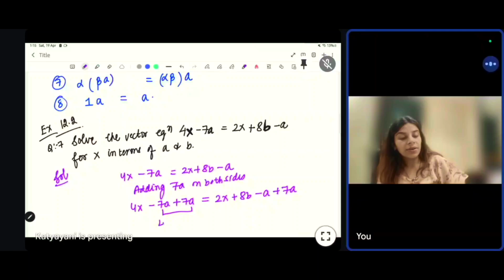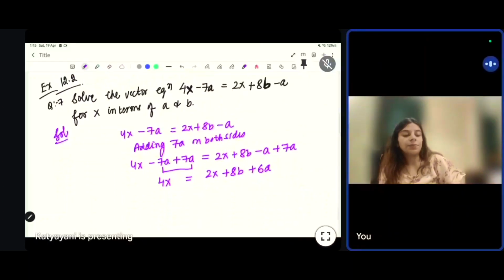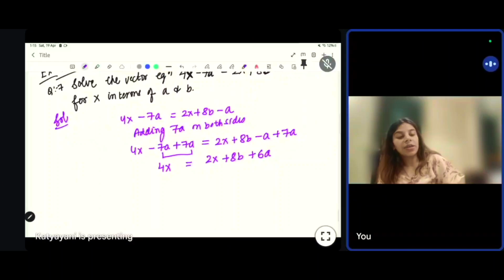So I can ignore the 0 vector. When I subtract a 0 vector from 4x, it would be 4x itself. So I will get 2x plus 8b, and then minus a plus 7a would be 6a, right?